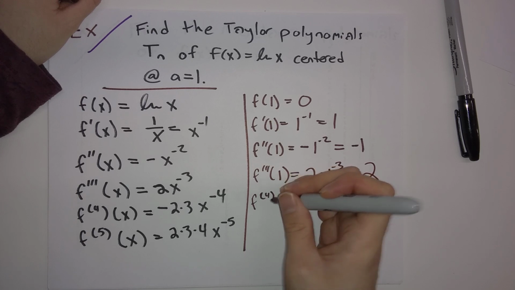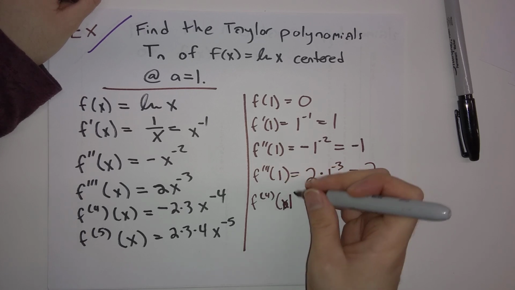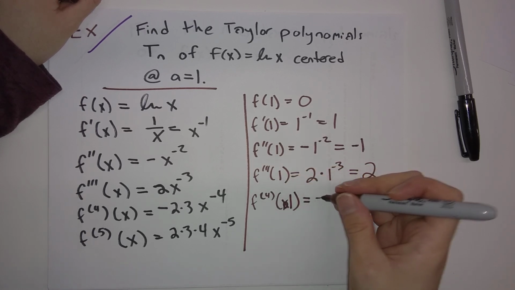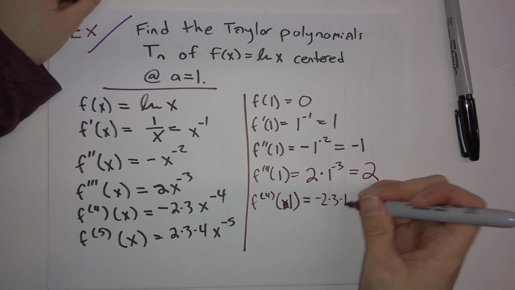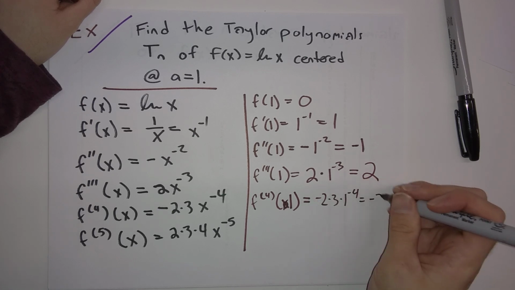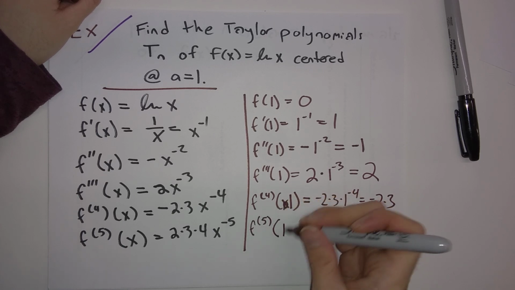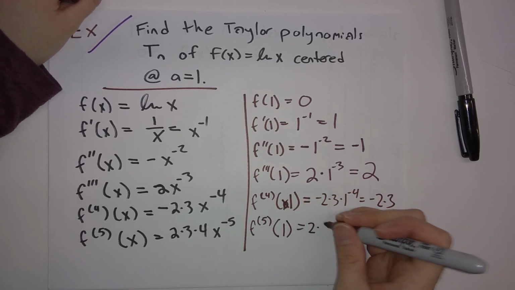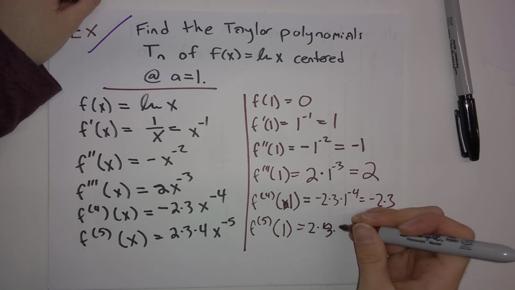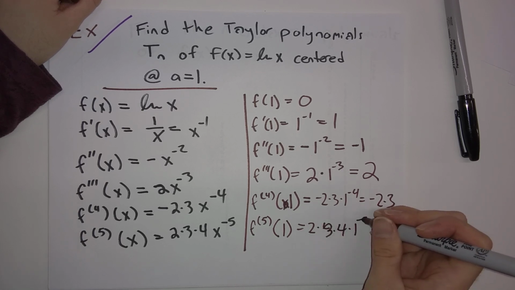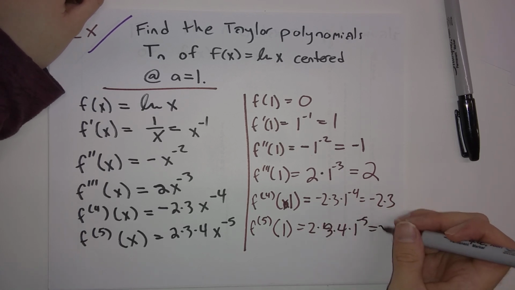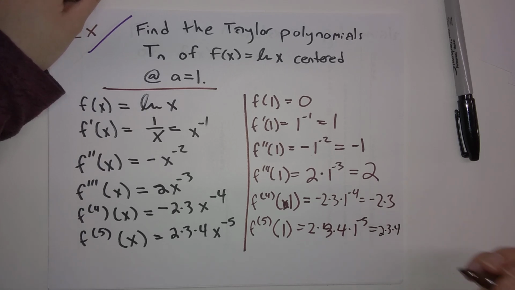The fourth derivative at 1 is minus 2 times 3 times 1 to the minus 4th, so that's minus 2 times 3. And the fifth derivative is 2 times 3 times 4 times 1 to the minus 5th, so that's just 2 times 3 times 4.